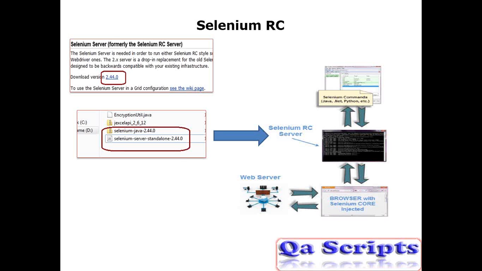If my script written in Eclipse needs to communicate with the browser and pass commands such as dot sendKeys, dot click, or enter some data into an edit field, the commands we have written in Eclipse are not going to be understood by the browser, because the browser will understand only JavaScript, whereas the script I have written in Eclipse is not related to JavaScript, it's related to Selenium commands. We call them Selenese commands.